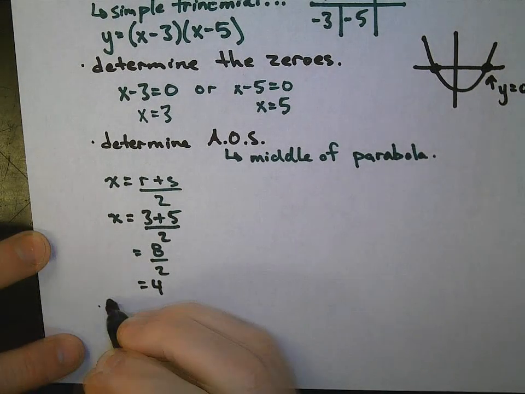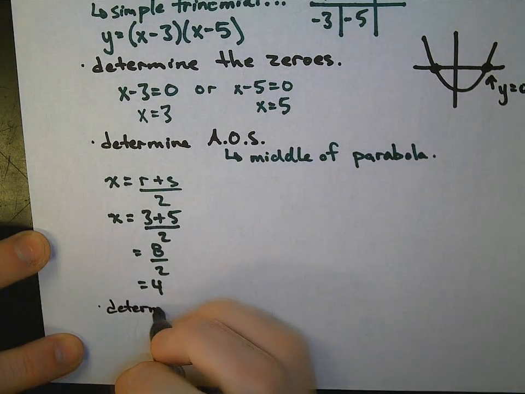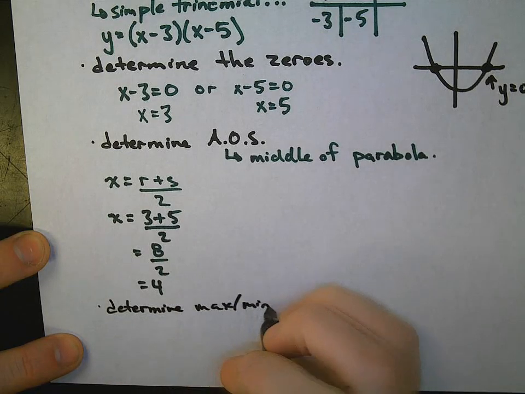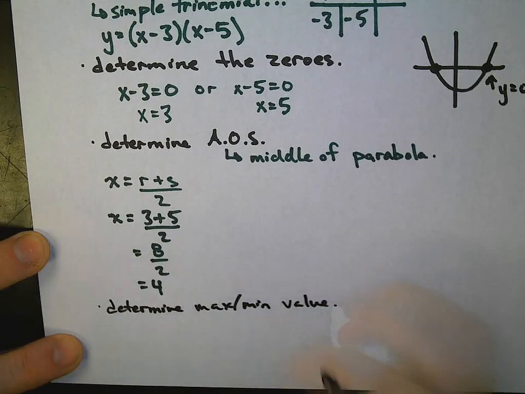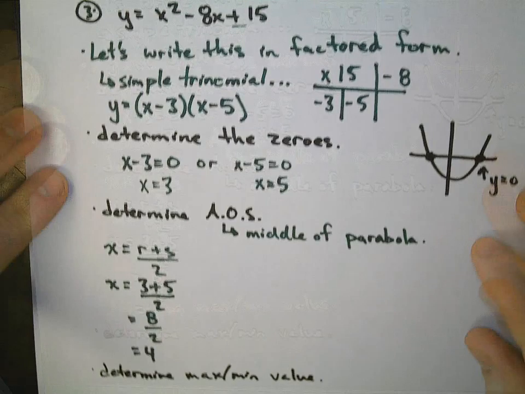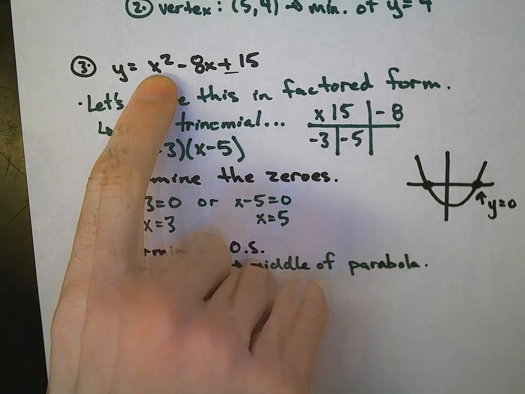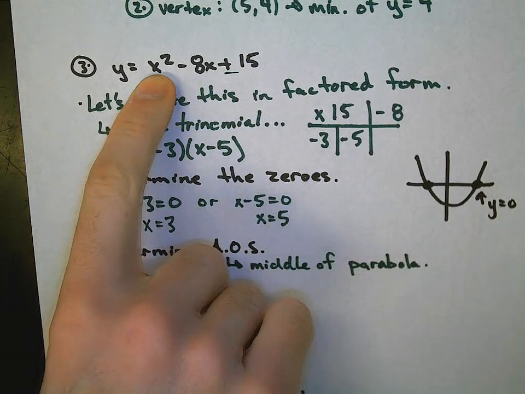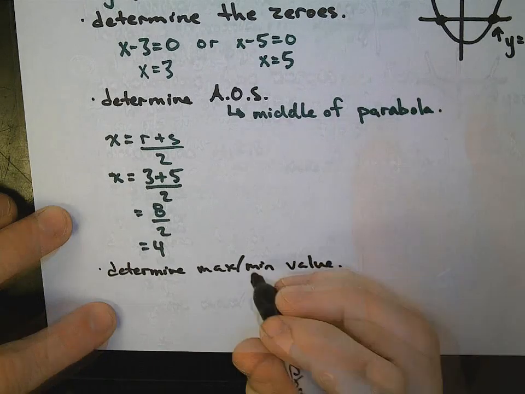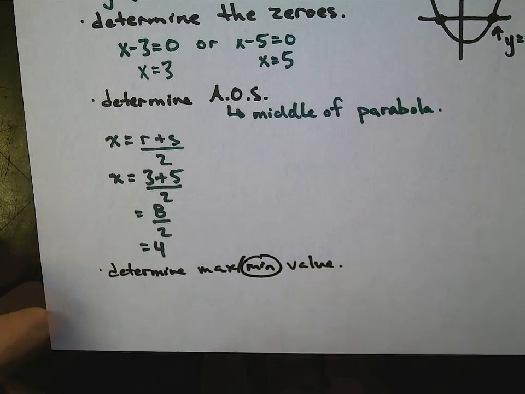And then we can determine the max or the min value. And how do we know if we have the max or the min value? Well, we go all the way back to our original equation and we see that we have a positive at the beginning. That means it opens up. That means in this case we have a min value.